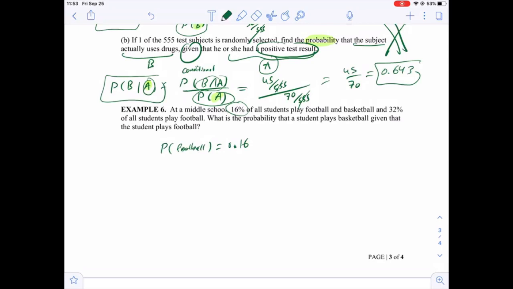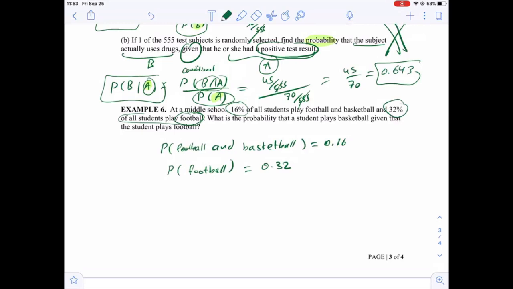But this is 16% play both football and basketball, so let me modify this: football and basketball. Now we have another percentage of students who only play football. That's 32%, which is 0.32.